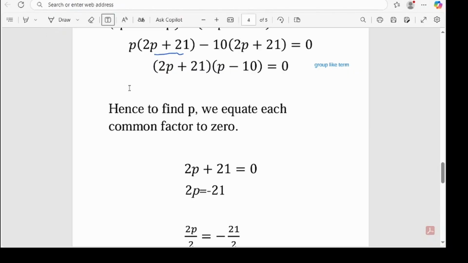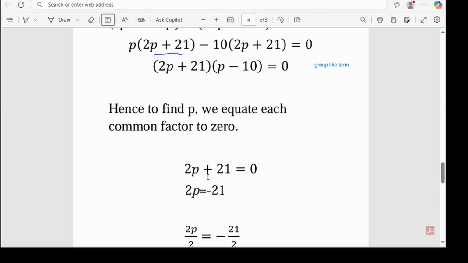So here, one term we have is 2p, right? And we want p as the subject of the equation, so we have to make p stand on its own. In order to do that, we have to move 21 to the other side of the equation.